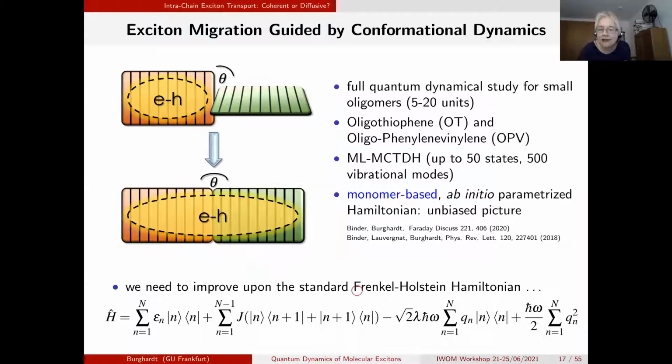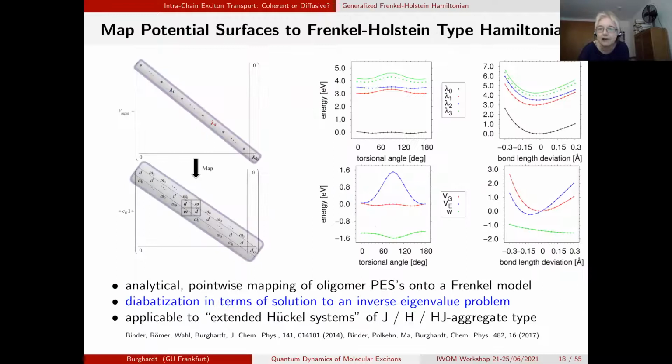Essentially we can use something like the Frenkel-Holstein Hamiltonian, but for our purposes, we will adapt it to be a bit more precise. Because we have these large amplitude motions associated with the torsions, we use potential energy surface cuts that we are going to map onto this lattice Hamiltonian that takes a tridiagonal form, with nearest neighbor couplings, just like a standard Frenkel-Holstein Hamiltonian.